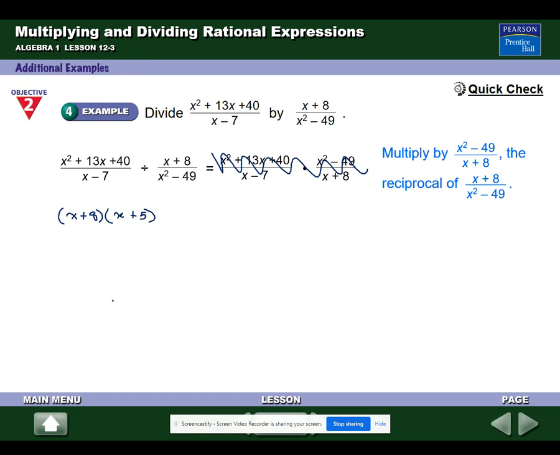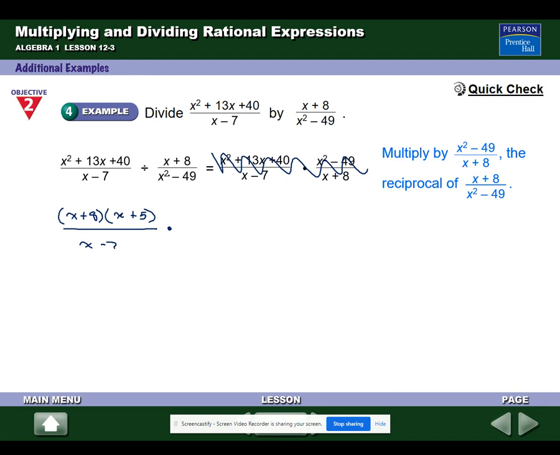Those add up to 13, and 8 and 5 give you 40, over x minus 7 times, not divide, but times. By the way, if you want to do the factoring first and then change divide to times and flip the second fraction on the next step, or even do that in reverse order, that would all be fine. I'm going to do it in one step here.